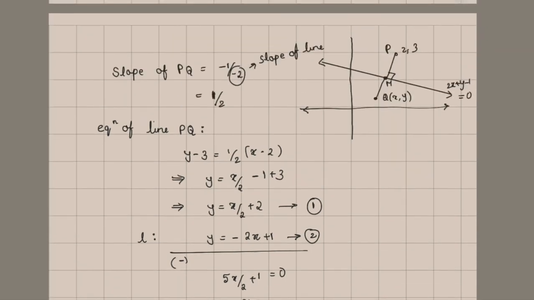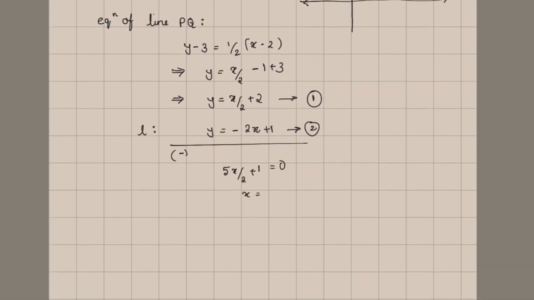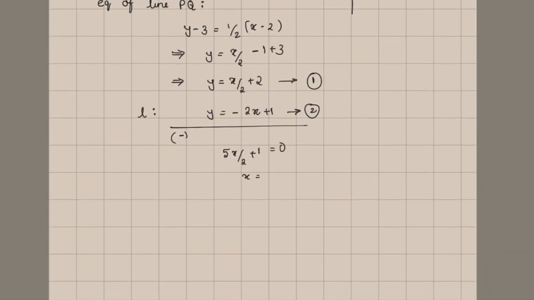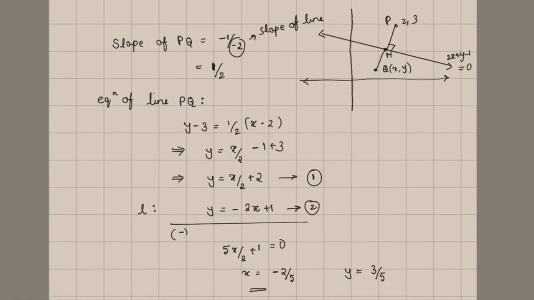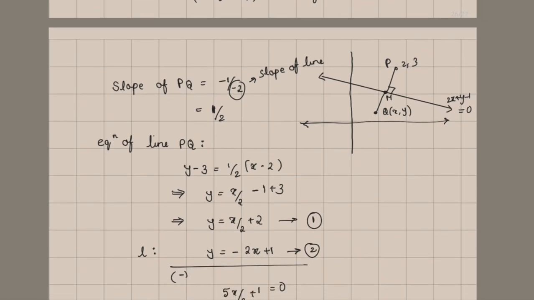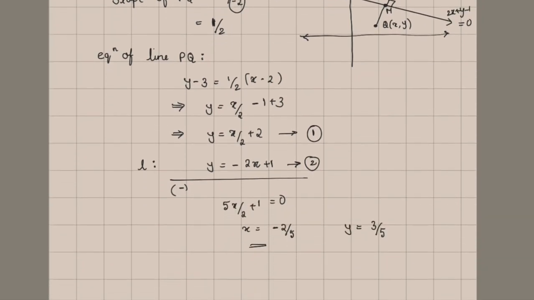x equals -2/5. Similarly, y equals... if you substitute x = -2/5 here, which gives -1/5 plus 2, which is 9/5, sorry.